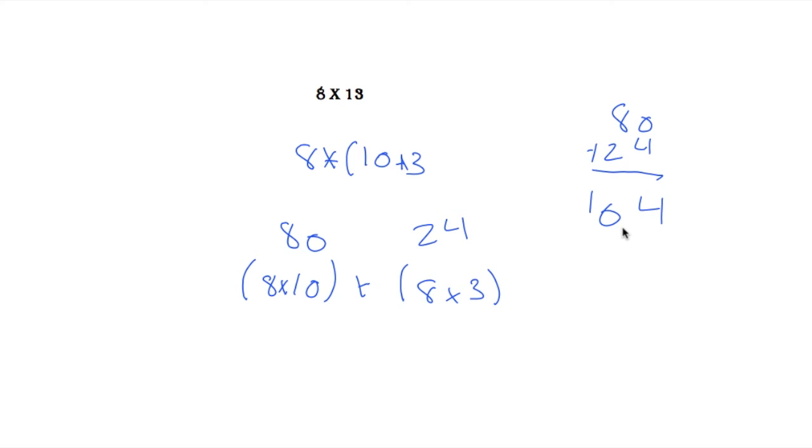Now, that is our answer, 104. So 8 times 13 equals 104. So that's how you guys do it. You first break down the 13. You do 8 times 10 plus 3. Then down here you do 8 times 10, and then 8 times 3. And then you add those together and you get 104.